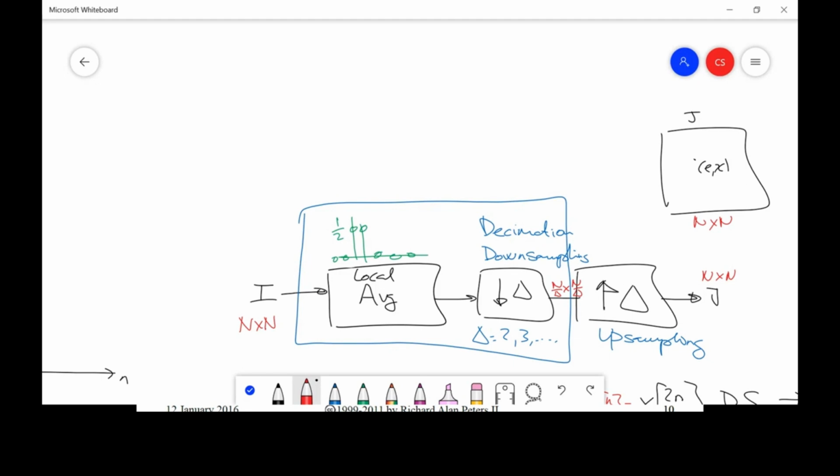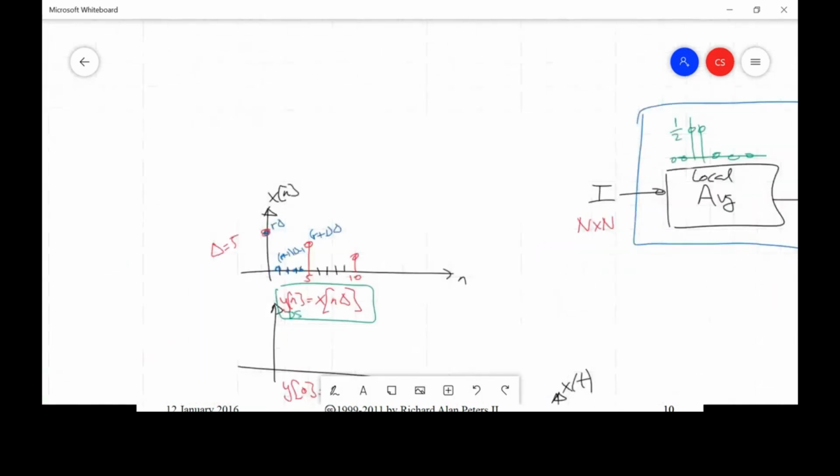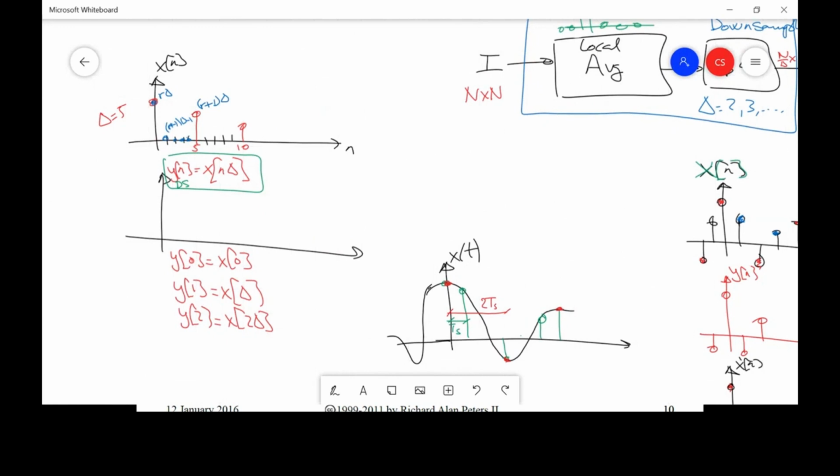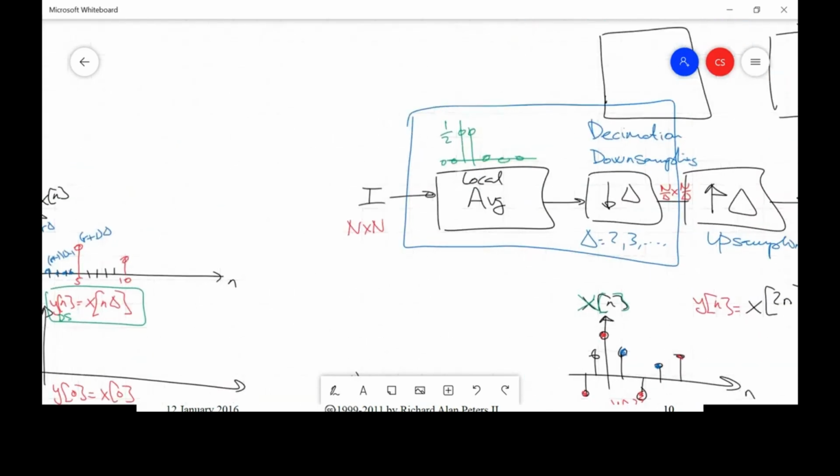And then the downsample image that lives here will have the same extent. We are covering the same region in the continuous world. So it is the same width, but now the pixel size is bigger.